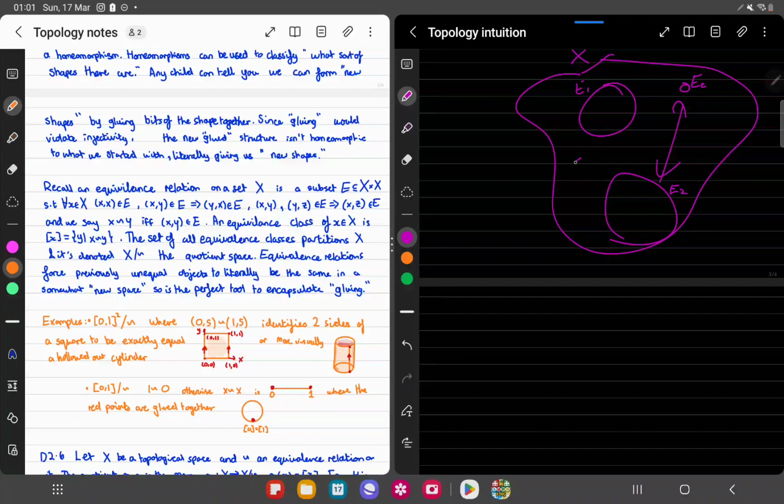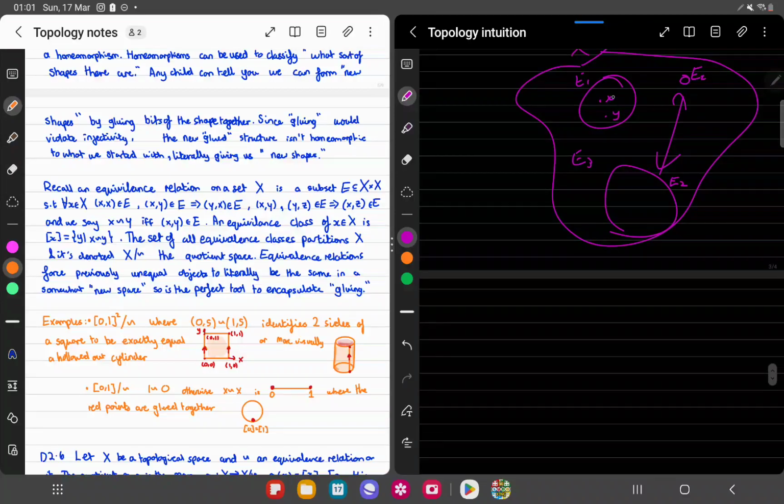And maybe everything else is E3. The point is, if you're an equivalence class, you're just the set of things that are equal to any one of the members. So maybe if x is that point, then y is in the same set if and only if x is equivalent to y.